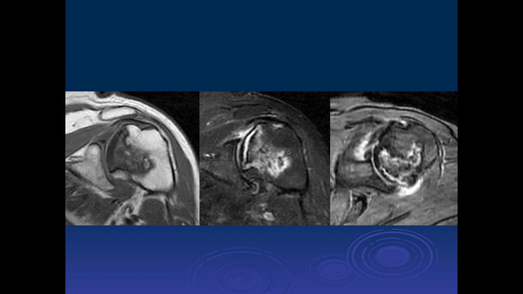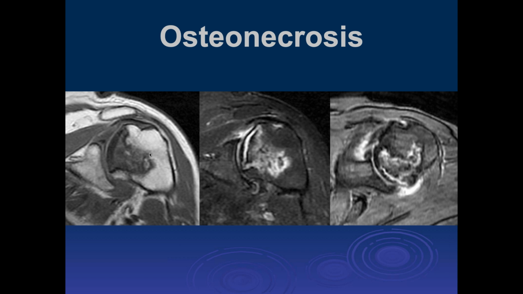All right. So here we can see diffuse decreased T1 signal along the medial aspect of the humeral head with a double line sign adjacent to that, the serpentine increased and decreased signal intensity, and there is some depression of the subchondral bone plate. So this is compatible with AVN and subchondral collapse.